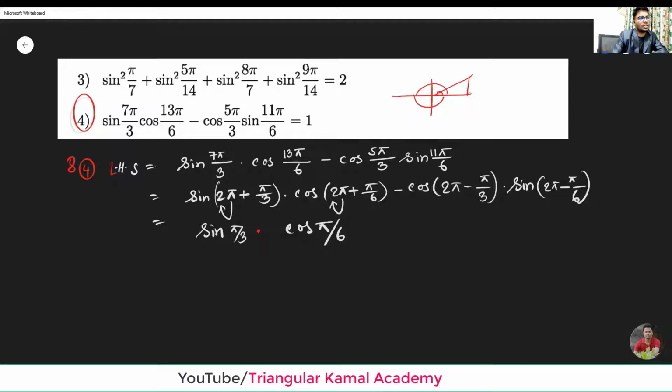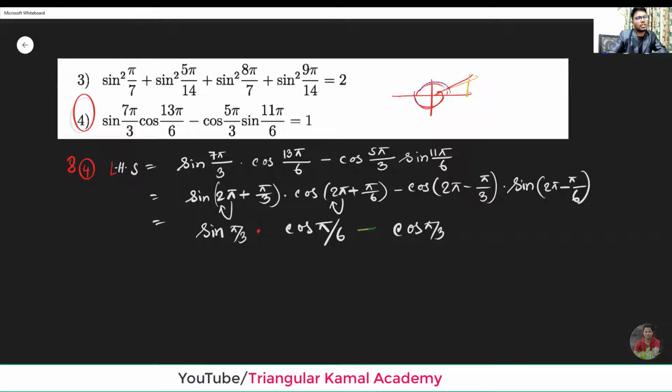Twice pi plus something means first quadrant, where all are positive, no change. Now the second one, cos with 4 times of pi by 2, so even number, there will be cos pi by 3.